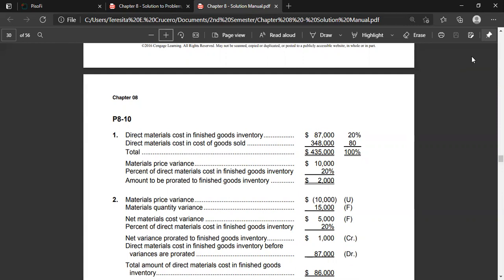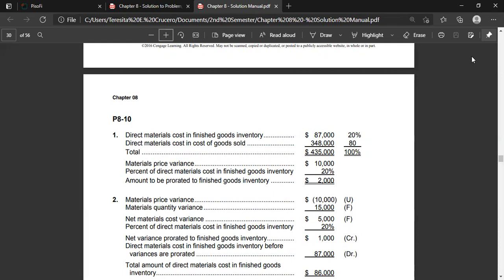So you are now dealing with the operations of Costa Brava Manufacturing Company using a standard cost system that records raw materials at actual cost, records material price variances at the same time that raw materials are issued to work in process and prorates all variances at the end of the year.